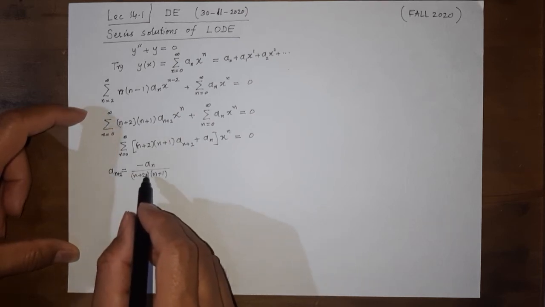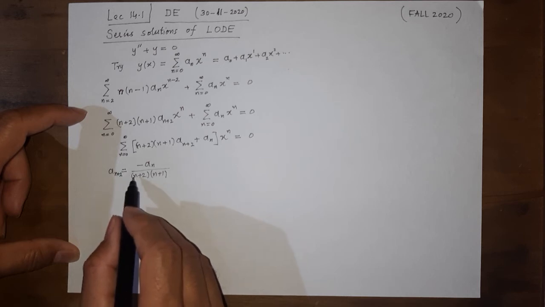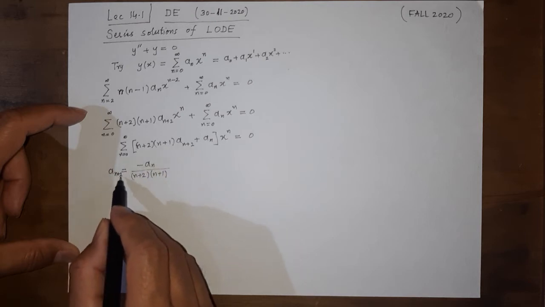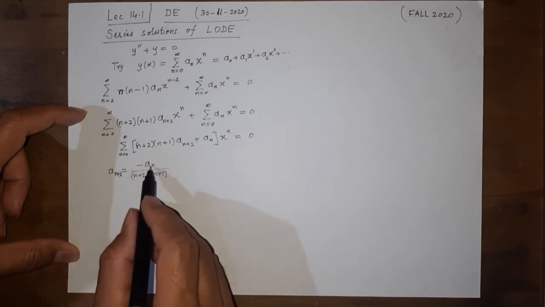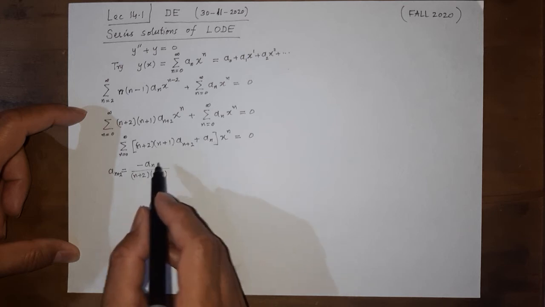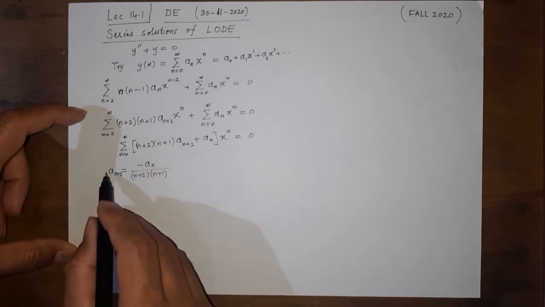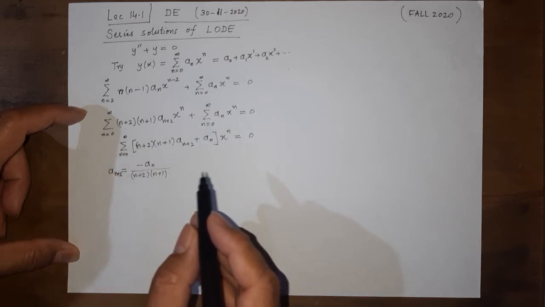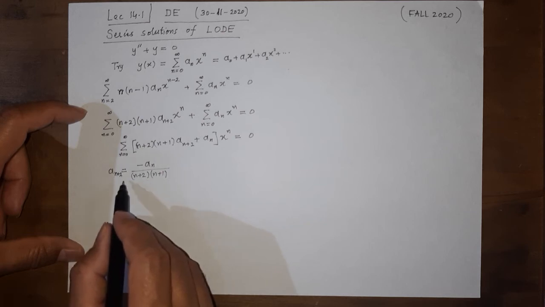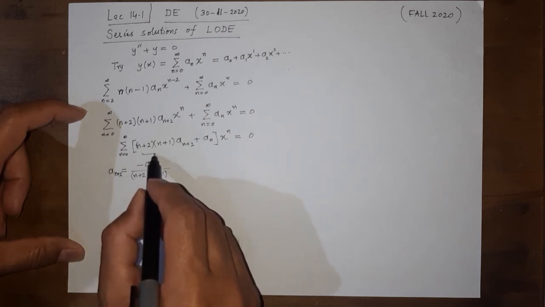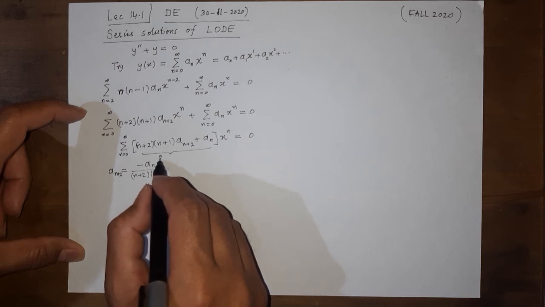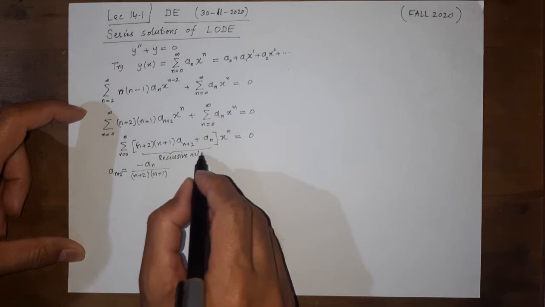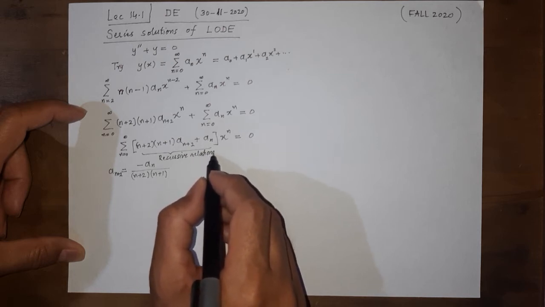This is a recursive form of stating the things. If we know a n, we can find a n plus 2. Knowing the coefficient of a previous term, we can find the coefficient for a future term. So this is a recursive relationship.